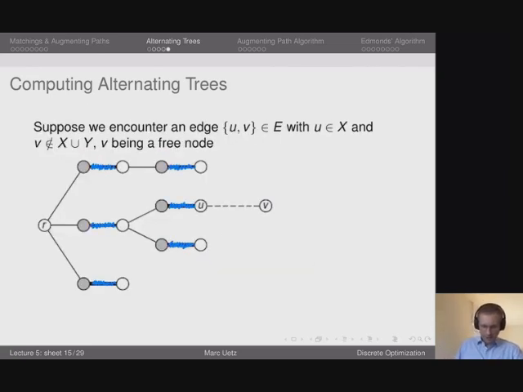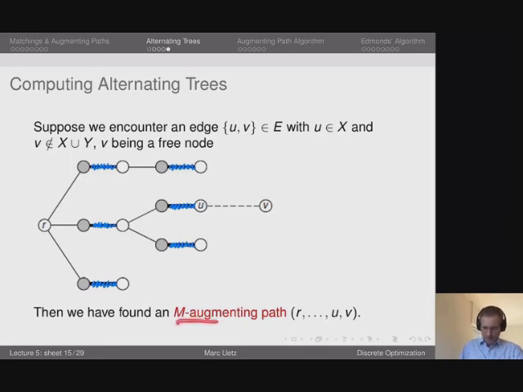So as soon as we find in the neighborhood of a node U, and remember that was an arbitrary node that we selected from the tree here, which currently has an even distance from the root, so any set from the set X, as soon as we find in its neighborhood a yet unmatched vertex V, we will have found an M augmenting path. And that is what we have been looking for, M augmenting paths, in this case, this path from the root node to the free vertex V that we potentially have found.